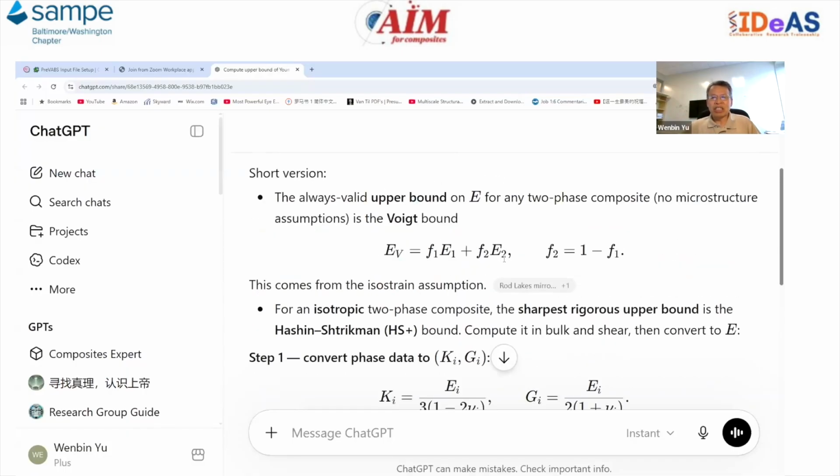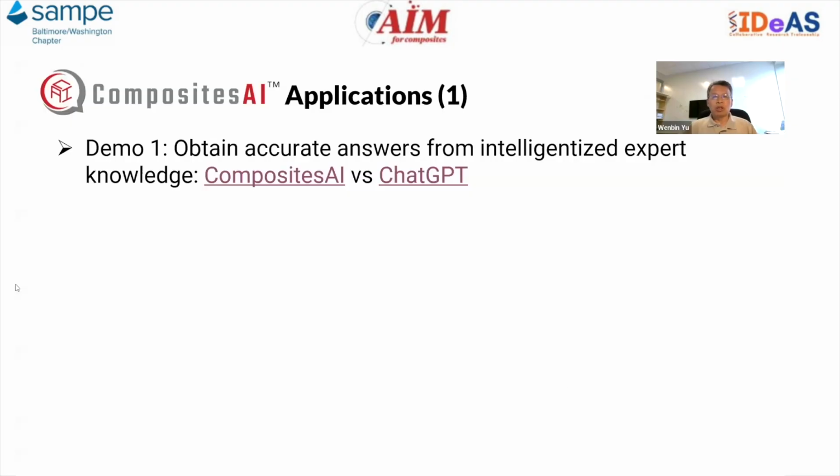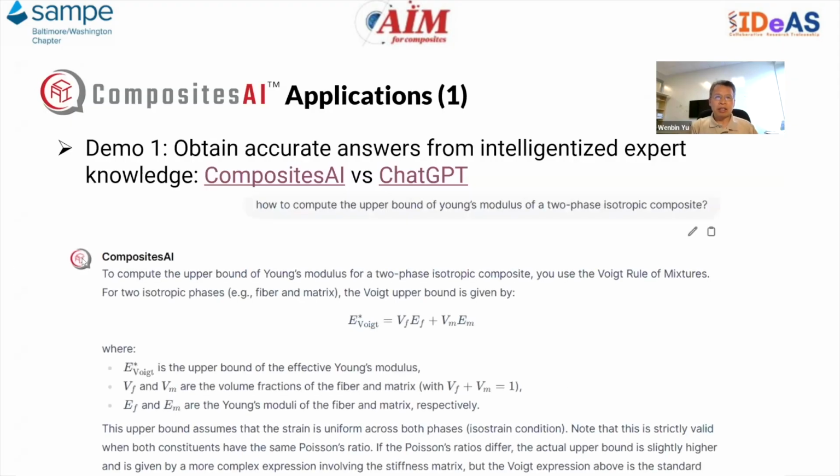So then you will see that they only trained on whatever is available on Wikipedia, the public text. They not necessarily have the expert knowledge. That's the point why we want to do composite AI. Okay, so first you can obtain more expert-like knowledge.